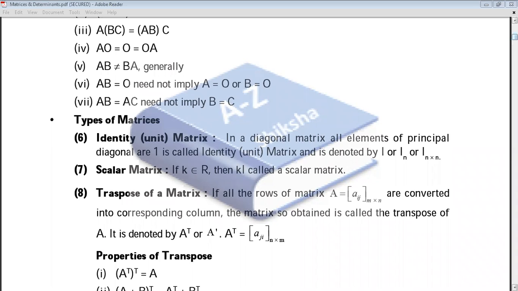Okay? Just repeating the question: distinguish between square matrix, diagonal matrix, scalar matrix, and identity matrix. Distinguish means what? It means we have to find the difference between all four.